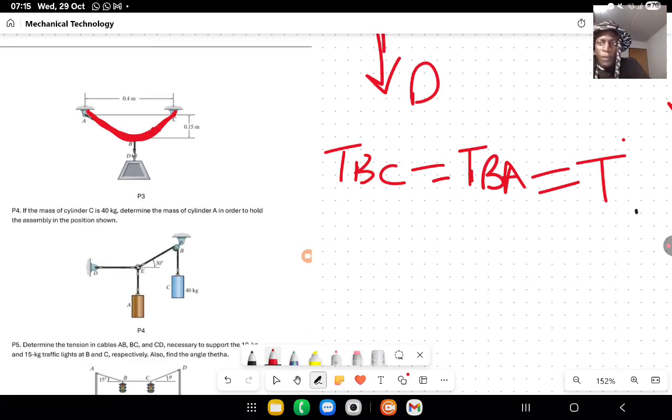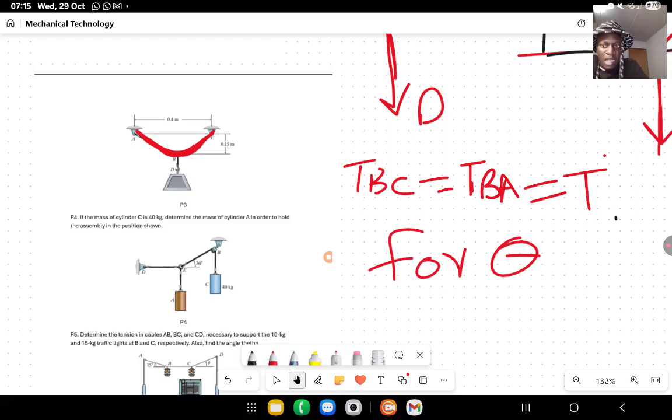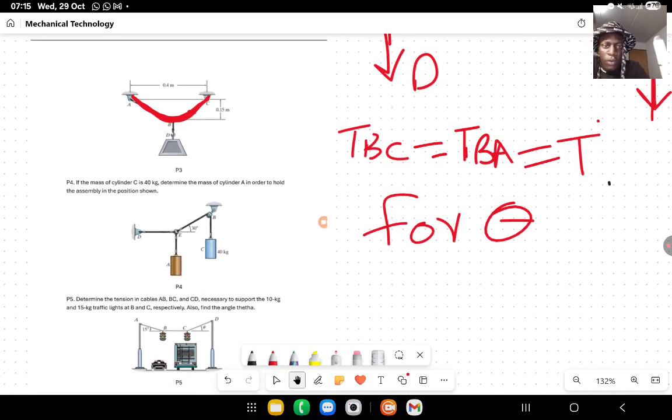Therefore, for the angle we are going to use tan inverse.